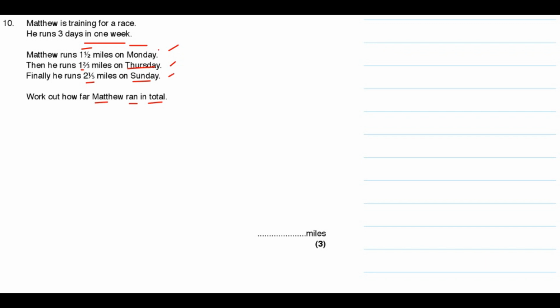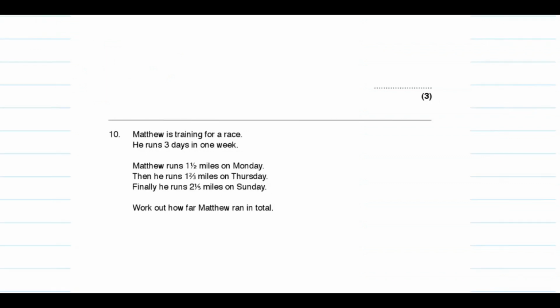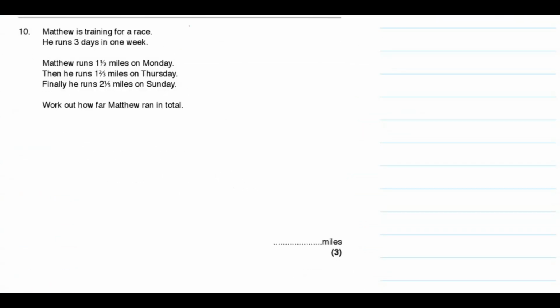If you look at them, they are all mixed fractions. So first we need to convert them into improper fractions. Let's do it first and change them into improper fractions. The first one is 1 1/2, I'm writing it over here.